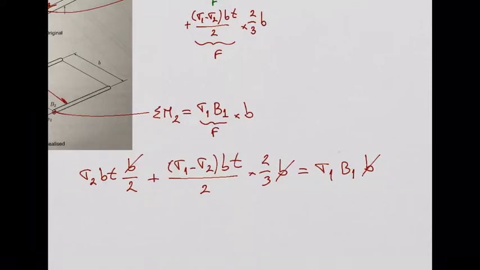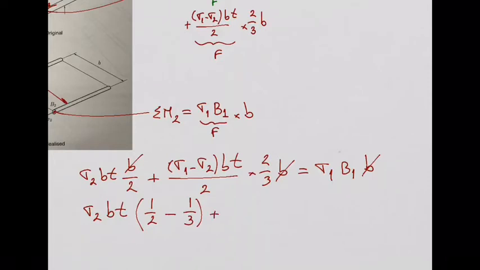So let's see. Yeah, so I will have here sigma 2 times bt times 1 over 2 minus one over 3. You agree?